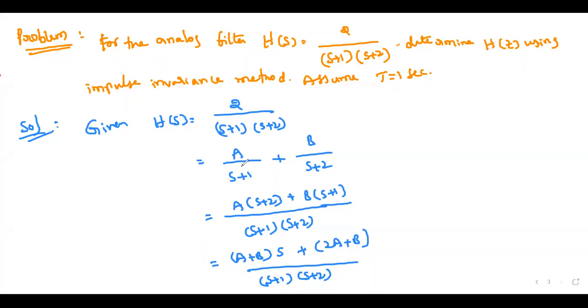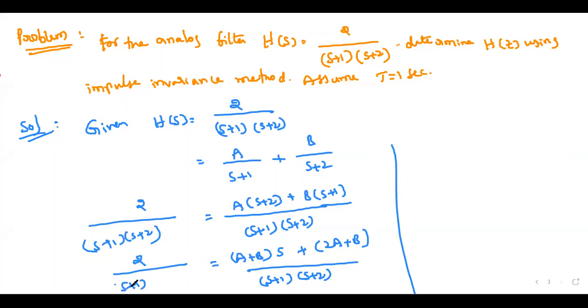Then compare with this numerator here, comparing numerators on both sides. The S coefficient is 0. That means A plus B is equal to 0, and 2A plus B is equal to 2.